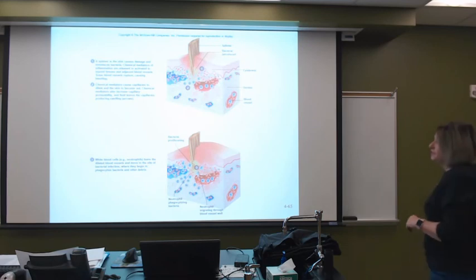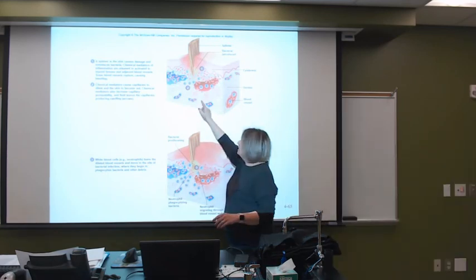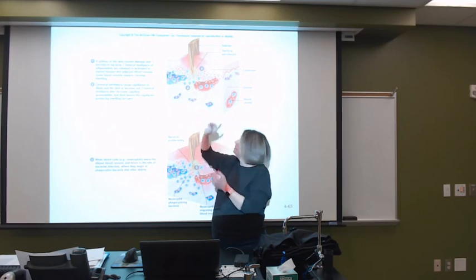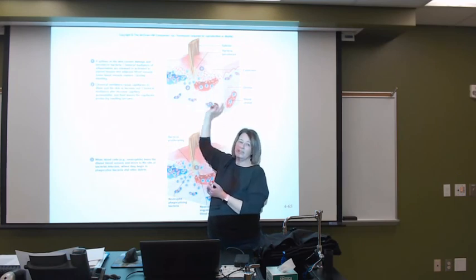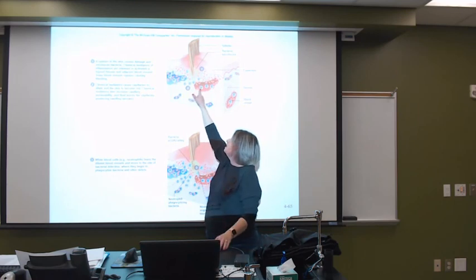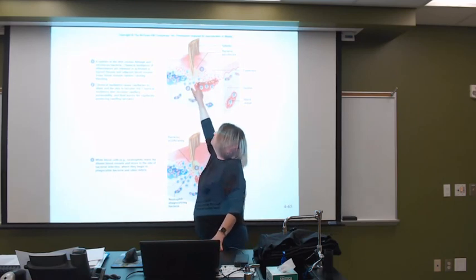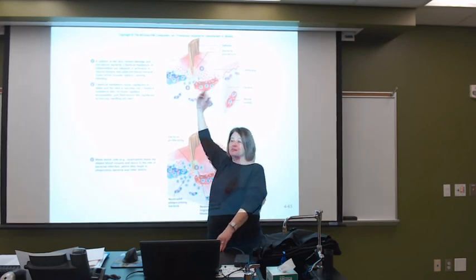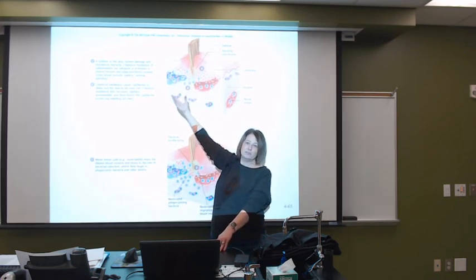So we will see that capillaries will increase their permeability, letting more stuff get out. See how they're trying to show the white blood cells moving out? Okay? Because the white blood cells need to eat up those bacteria.